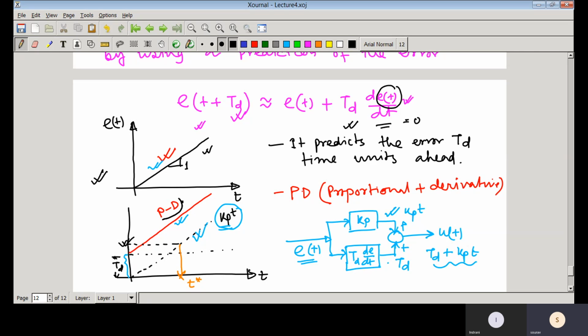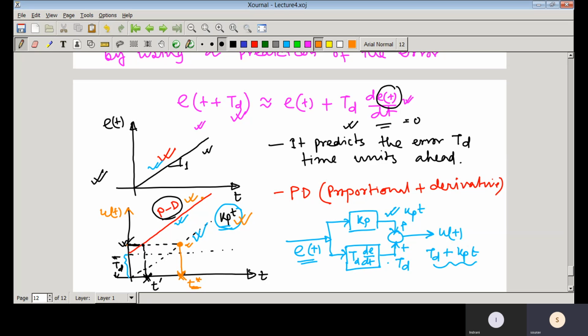But whenever you use a PD controller, you can see that this much control input you are getting here at this particular instant, say t dash. I am repeating it again. Suppose at t equal to t star, this is the control input because this is u(t). If you only use a proportional controller, that much control input will be generated at t equal to t star.